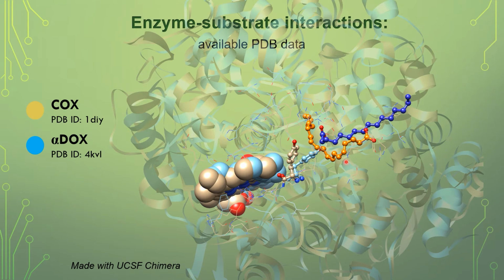It leads to an assumption that catalytic activity of cyclooxygenases and alpha-dioxygenases have a common origin, but the ability to bind fatty acids as substrates emerged independently in these groups of enzymes.